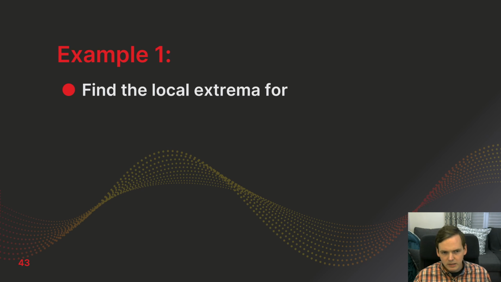For our second example, let's cross that out and write example 2. Find the local extrema for x cubed plus xy equals negative 2. We're going to use any of our tests to find these, but we'll start by taking the derivative. That'll be 3x squared plus y plus xy prime equals 0.